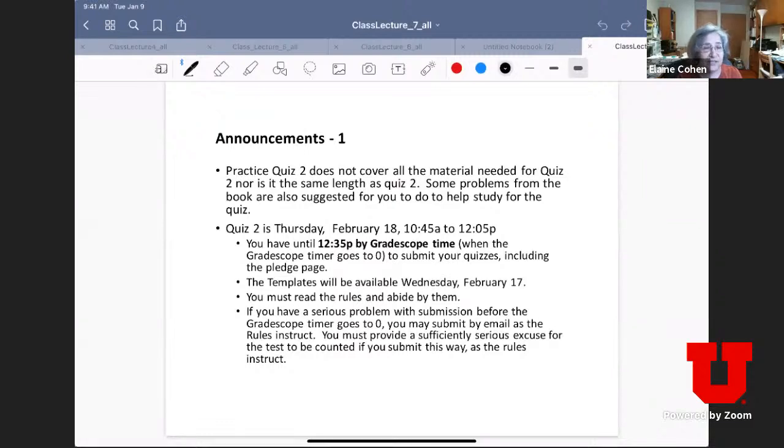If you have a serious problem with submission before the Gradescope timer goes to 0, you can submit by email as the rules instruct. Now, the rules tell you exactly to whom to send in an email the exam, as well as your excuse about why you couldn't get it in.